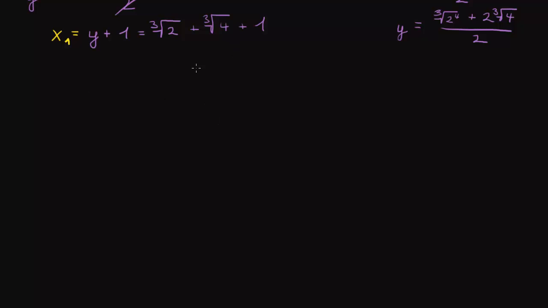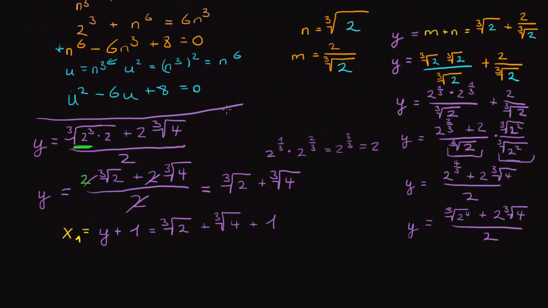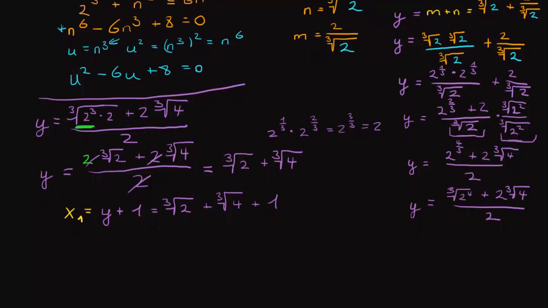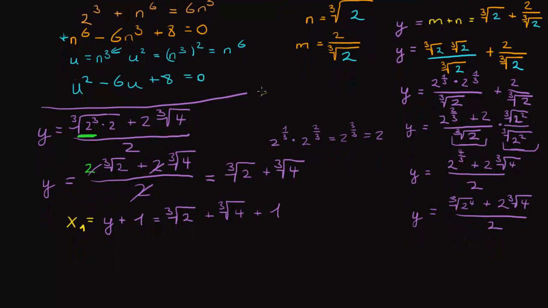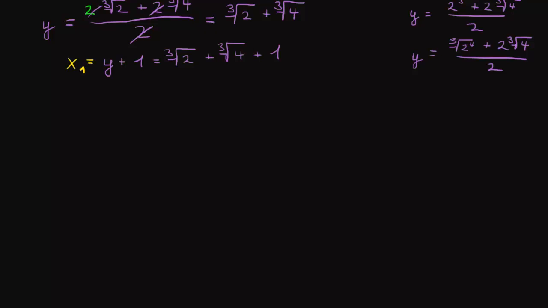Well, if you remember from the previous video, what you can do to get our y2 is do a little bit of trickery with our unit square roots of 1, right? We said y is equal to m plus n.